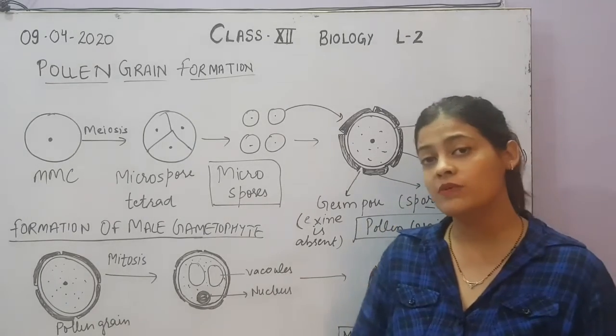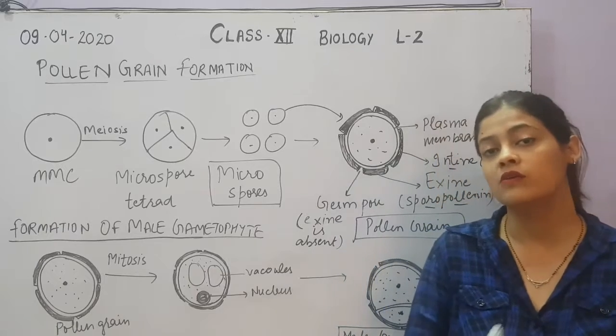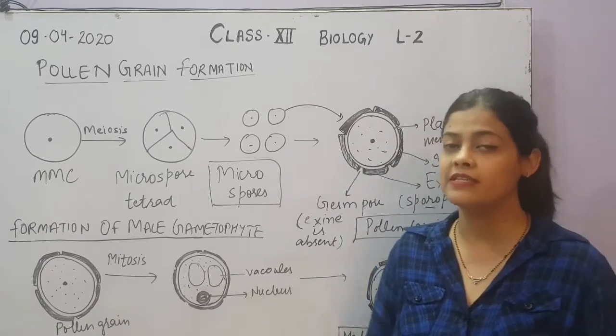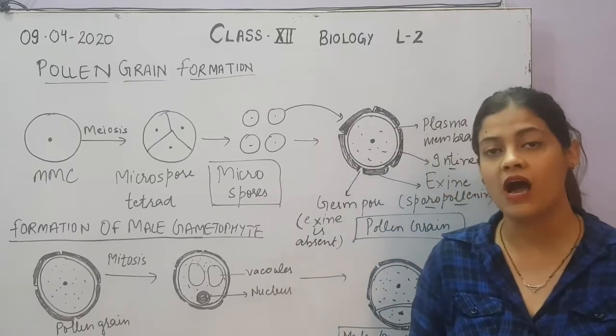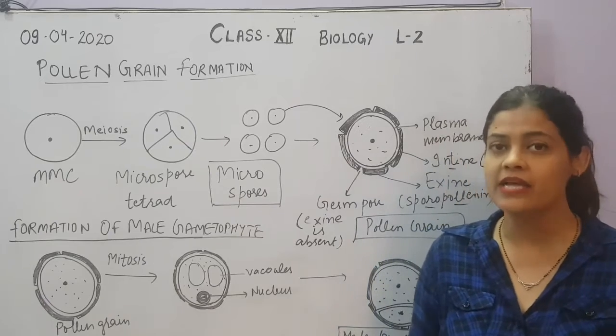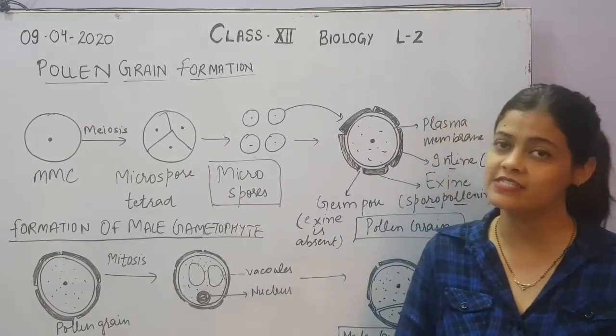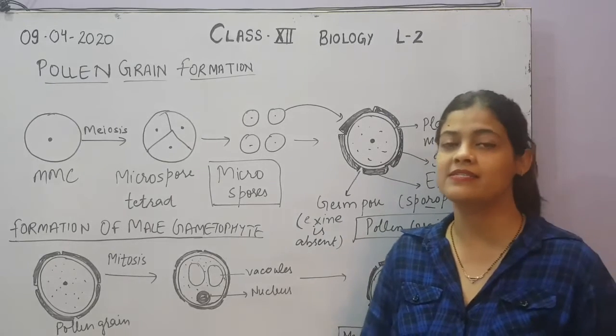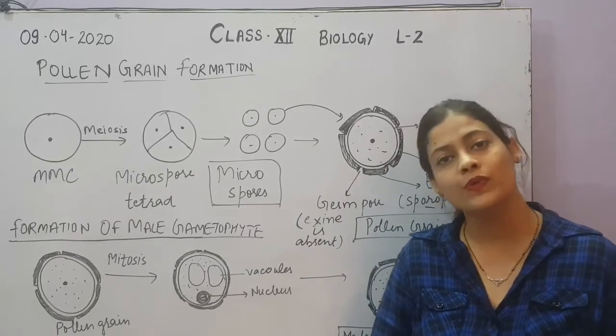Similarly, sometimes animals carry these pollen grains from one plant to another. In that case, if an animal eats these pollen grains along with the flower or fruit, they will not be destroyed by the enzymes present in the digestive system of the animal. They will not be affected by the acidic condition created in the stomach due to HCl.